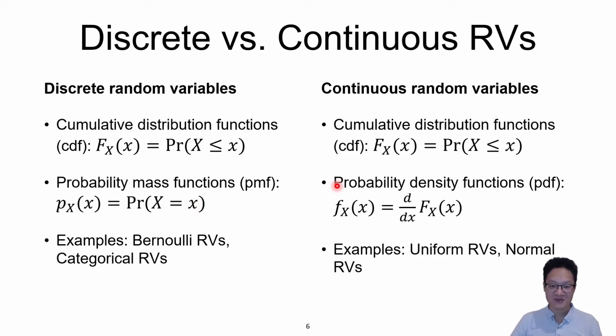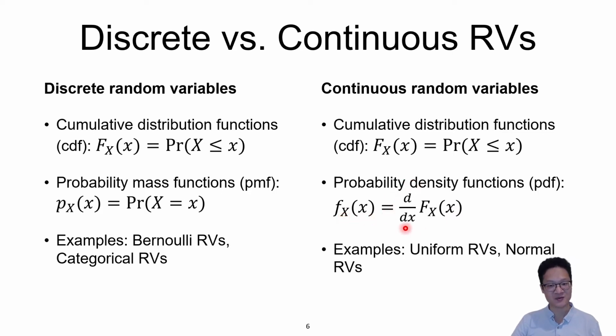For continuous random variables, it wouldn't make sense to talk about the probability that the variable takes on exactly some value. So instead of the probability mass function, we define the probability density function. Here we have little f, which stands for PDF, and then the subscript capital X, and the argument little x. This doesn't mean the probability that capital X takes on the value of little x.